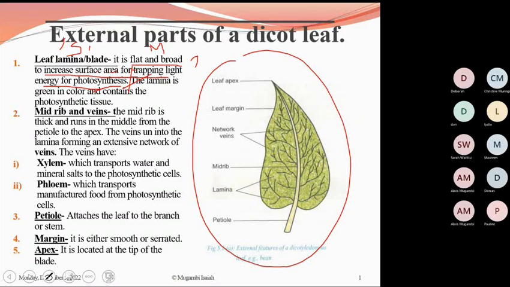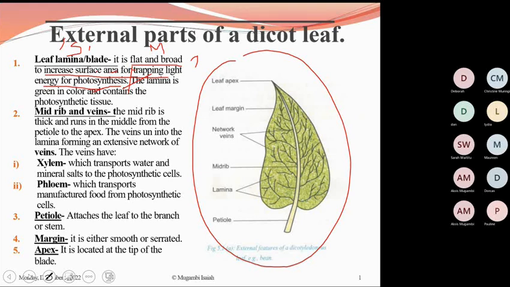Yeah, so though we know that even in the spongy mesophyll there is also photosynthesis taking place there, there is little manufacture of food happening in the spongy mesophyll compared to the palisade mesophyll layer, where we have a high concentration of chloroplasts.